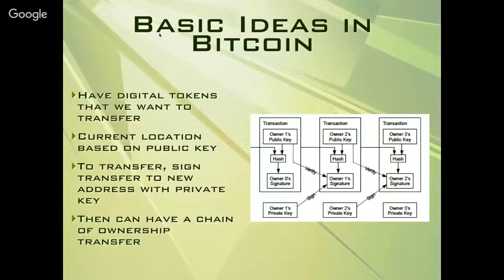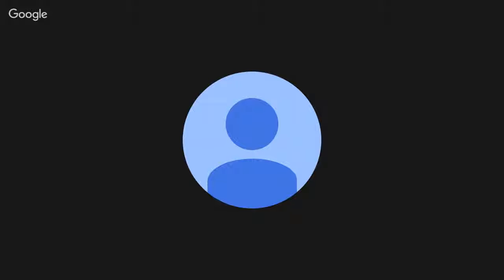If the location is represented by the public key, we can agree that the only way to transfer the token from that location to another location is by signing a message, and verify using the public key that it was signed correctly.